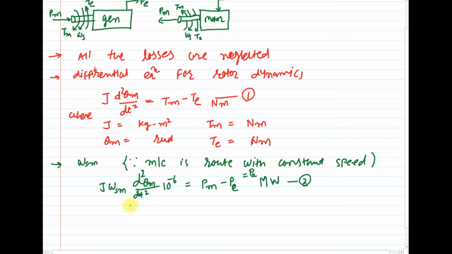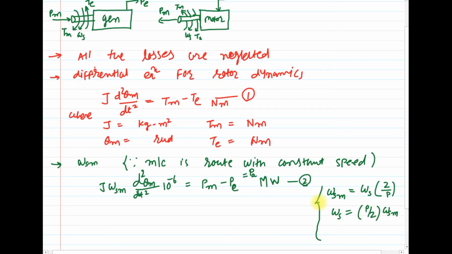Clear? So yes, we need to convert this mechanical angle into the electrical angle, and for that we have to apply one formula, which is omega Sm equal to omega S into 2 by P. Actually the original equation is omega S, that means the synchronous speed, which is equal to P by 2 into omega Sm.